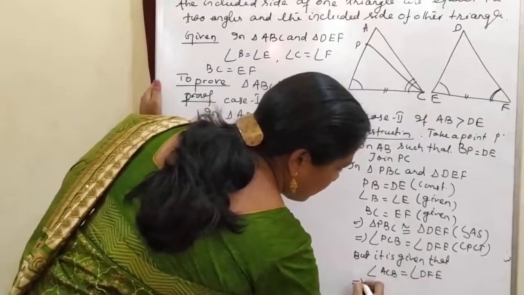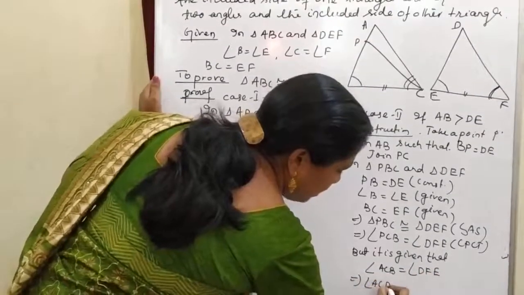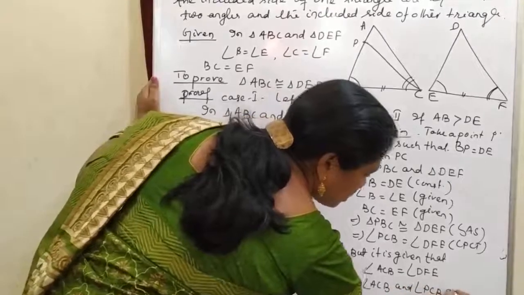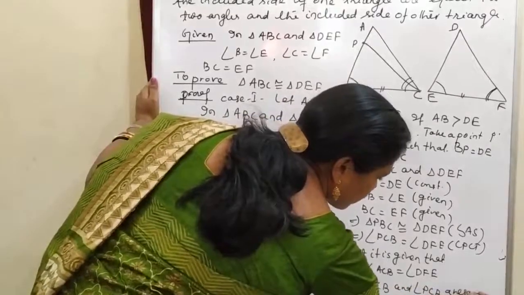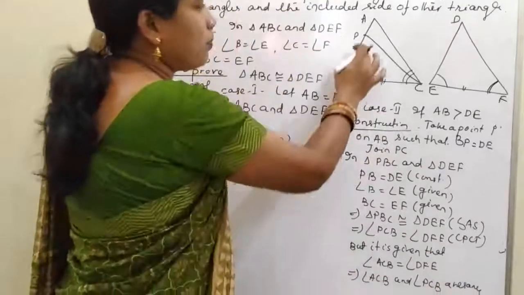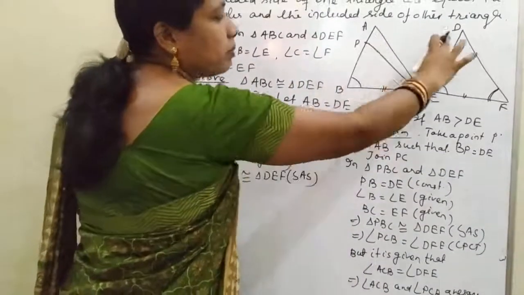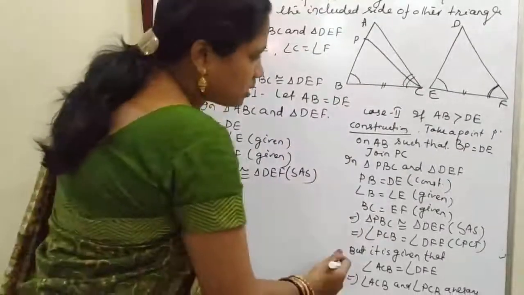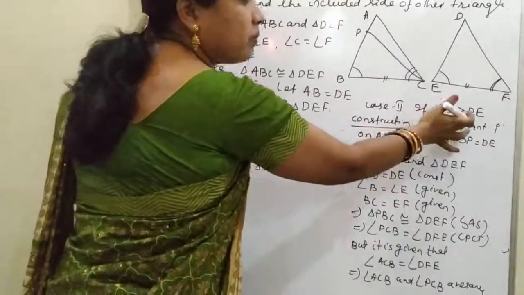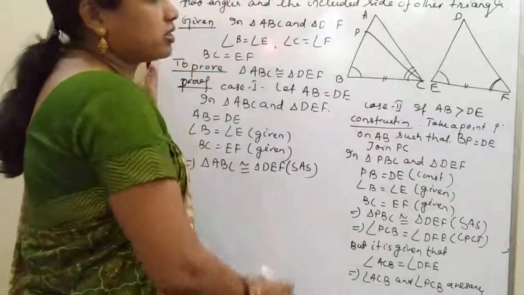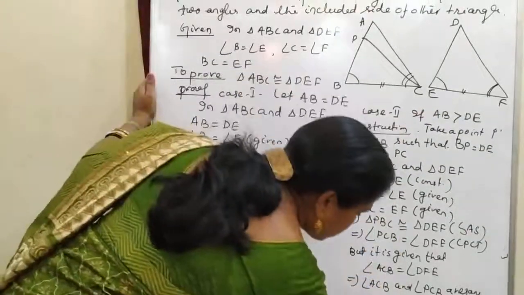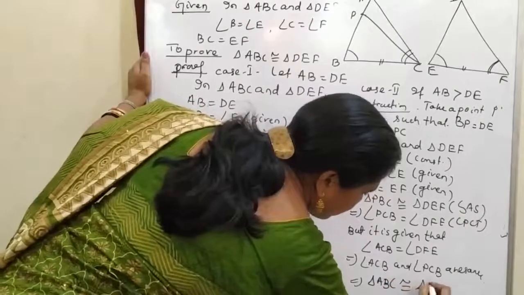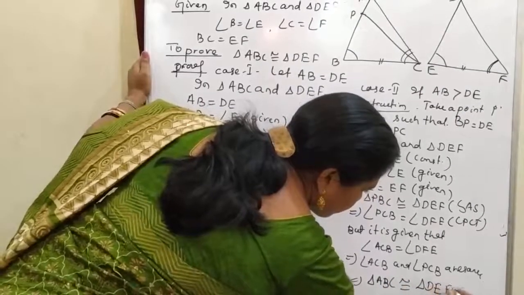So this implies angle ACB and angle PCB are the same, and there will be no such point P such that BP is equal to DE. So what we assumed here, AB is greater than DE, is wrong. So this implies triangle ABC is congruent to triangle DEF. So this is proved.